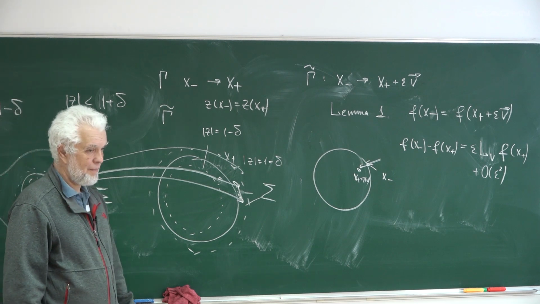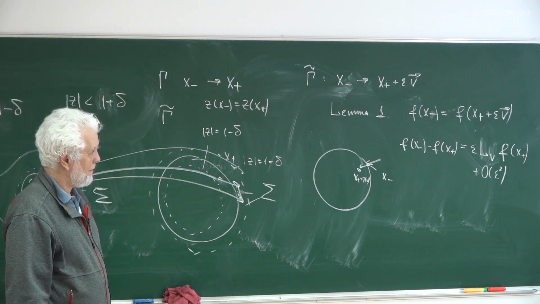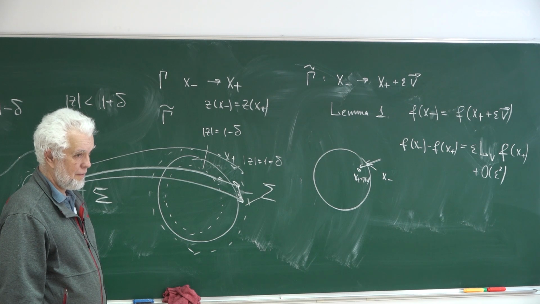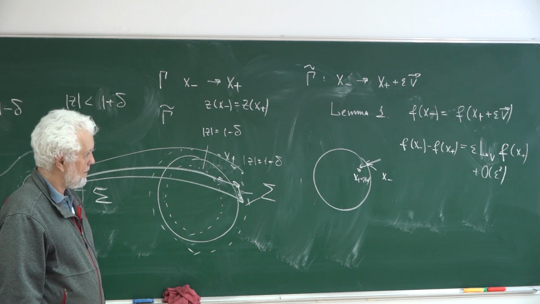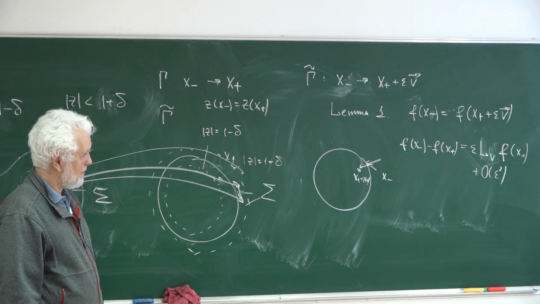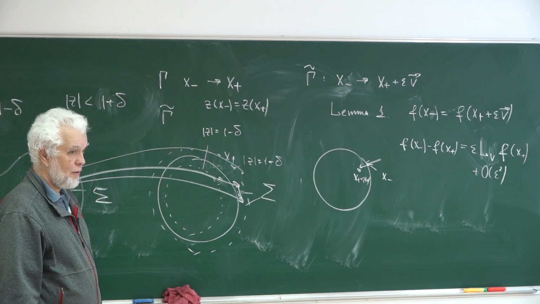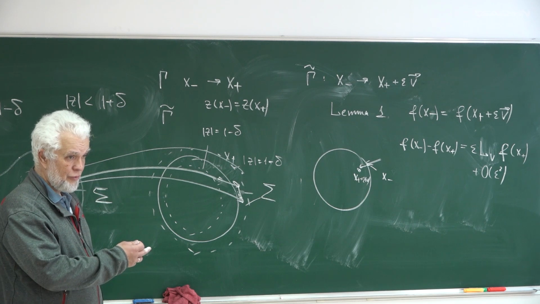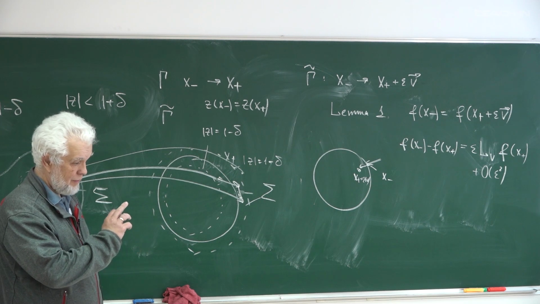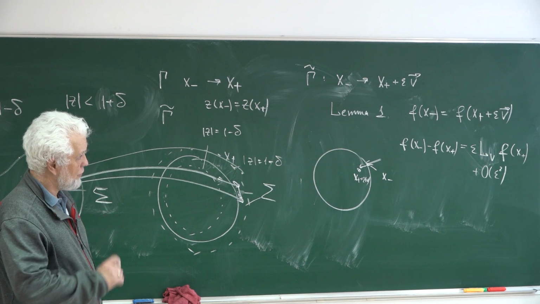Sorry, why this lemma? Why not this definition? F1x plus epsilon v. Why did we not start from it? No, it's important.